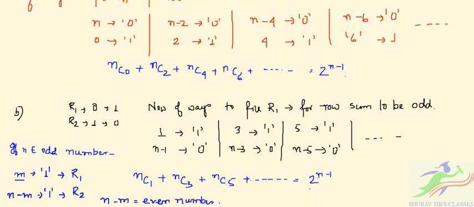So this 2 to the power n minus 1 is only valid when n is an even number, but when n is an odd number, this is not true.